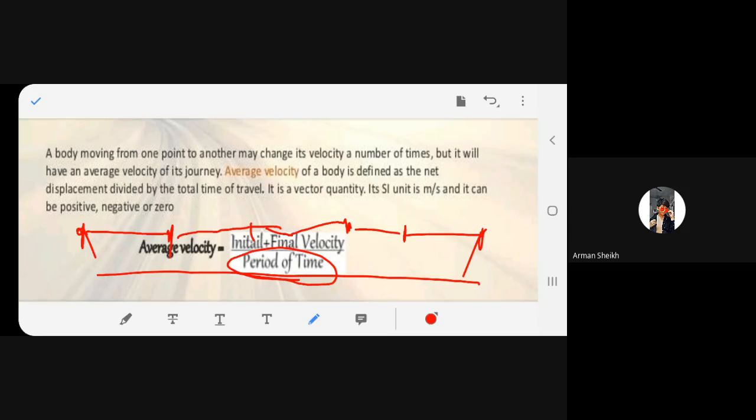If I'm going from here to Ahmedabad or Baroda or Delhi or Mumbai, I will be taking the average velocity. The unit is meter per second. Why? Because velocity is equal to... what is velocity?